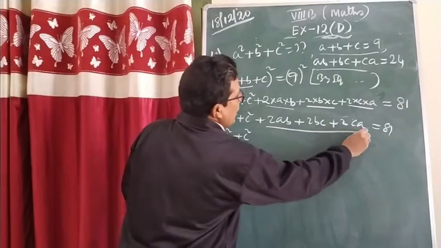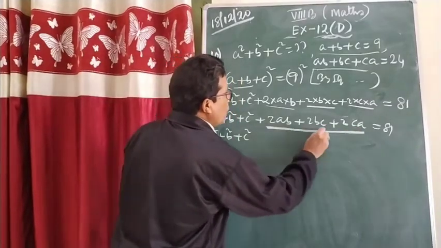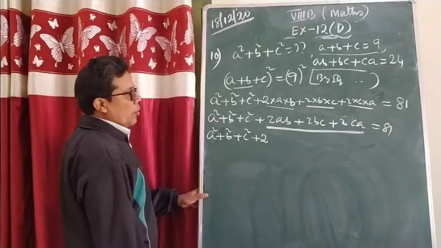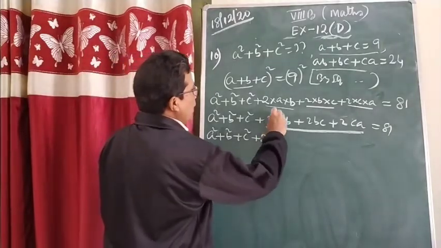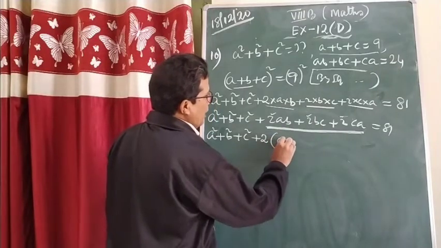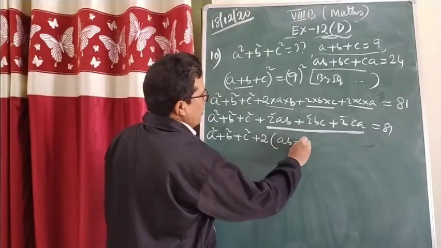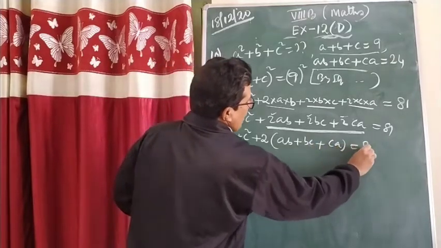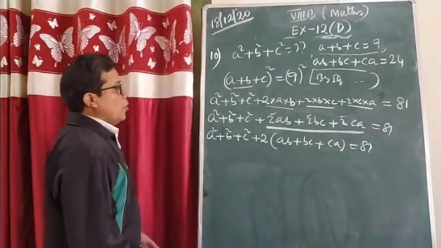Look, beta, from these three, will you be able to take plus 2 common or not? You know what common means. Look, in this there is 2, in this also 2, in this also 2. 2 has been taken common. What is left over? First case ab plus bc plus ca equal to 81, or not.